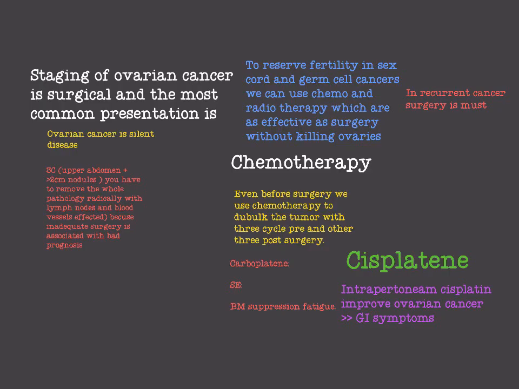Now let's move to talk about staging of ovarian cancer. Actually, I don't want to talk in detail about staging, but the thing I want you to know is that the staging of ovarian cancer is surgical staging, and the most common stage at presentation is 3C, which is an advanced stage, okay, because ovarian cancer is a silent disease that comes with no symptoms.